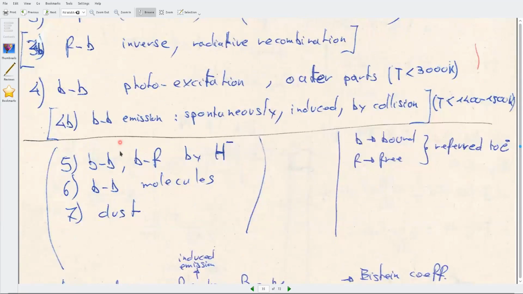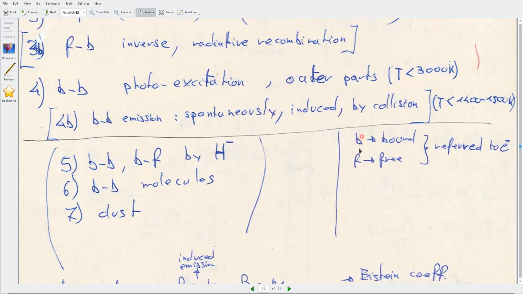Then we have the bound-free of hydrogen with an additional electron, so an atom of hydrogen with 2 electrons. Something strange, but this can happen in the outer part of really cool stars like supergiant, red supergiant, red giant.